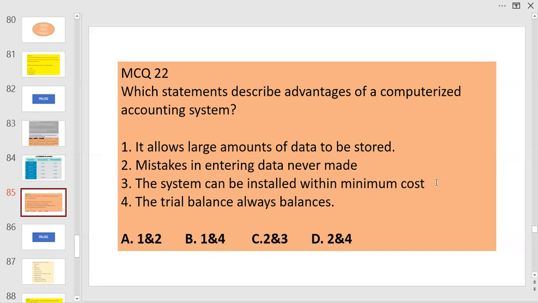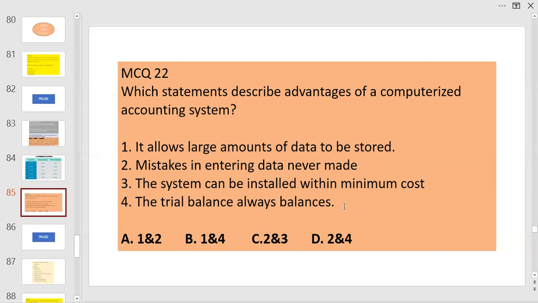But if you are taking an integrated package where stock inventory is also included, then any entry related to stock, say if you are making a sale, will not only adjust the sales account and cost of sales account, it will go further, and the number of units in the inventory will also be reduced. So this is an integrated system. These are fairly costly. So this statement also cannot be sustained.